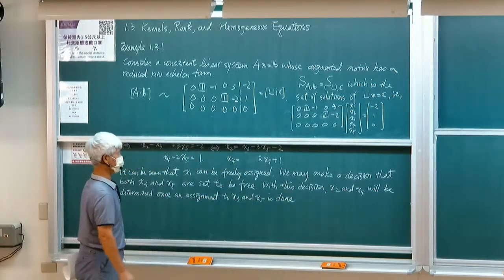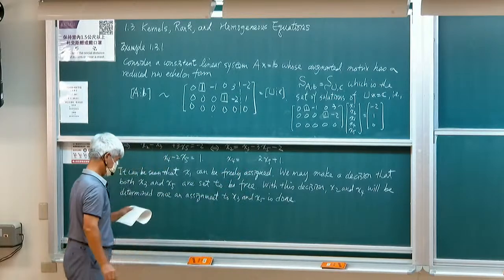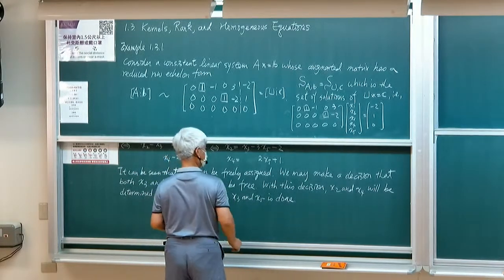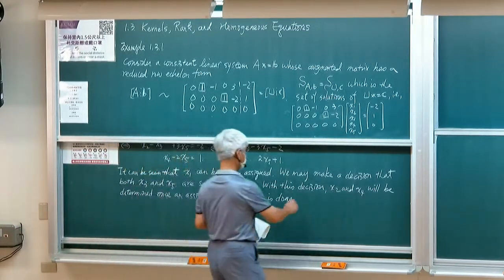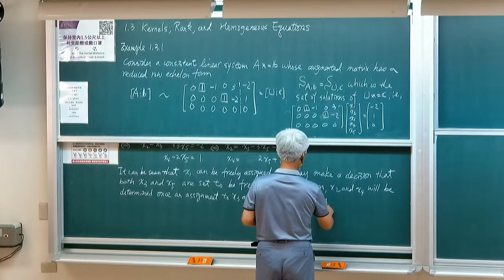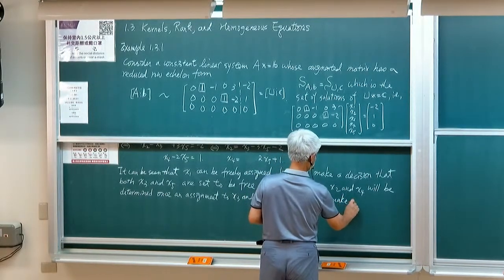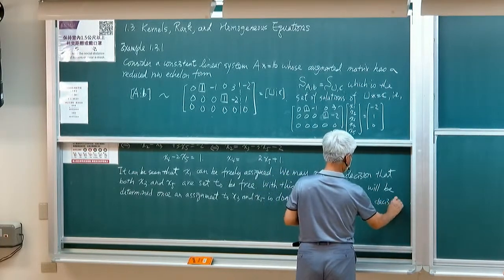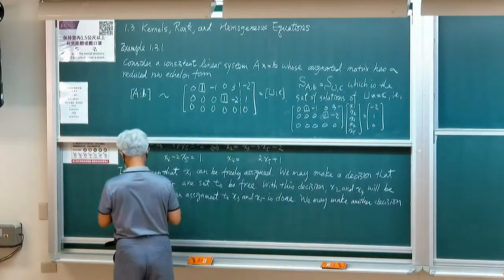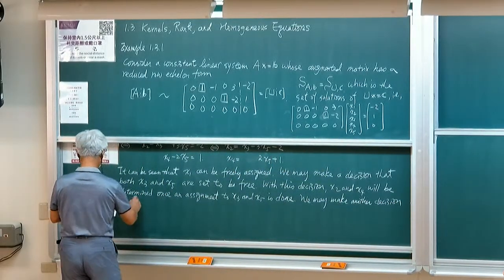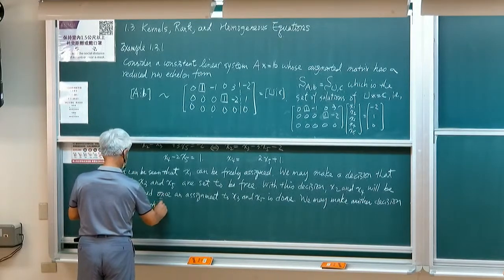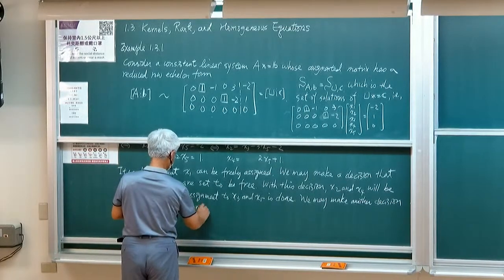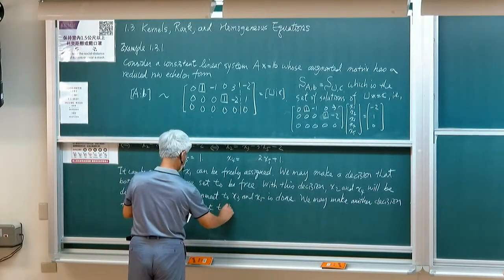All right, so this is one decision. Okay. But we may make another decision, that both x2 and x4 are set to be free.